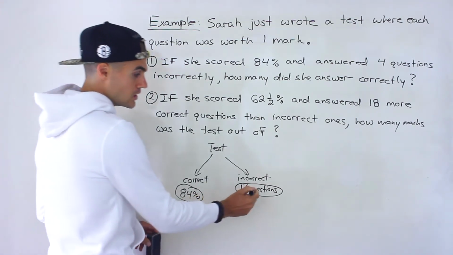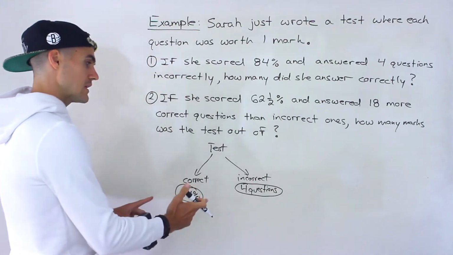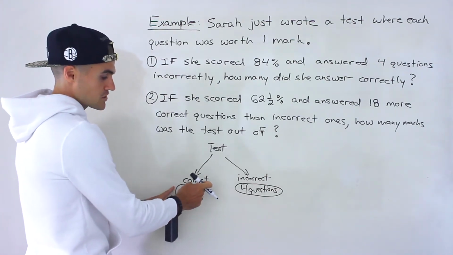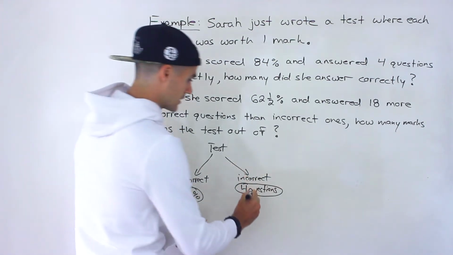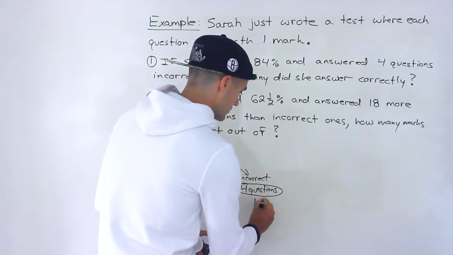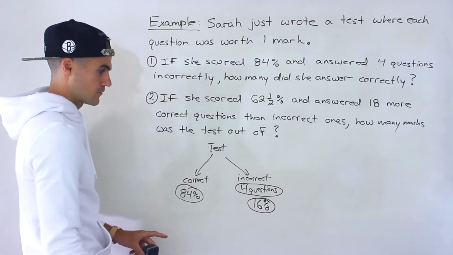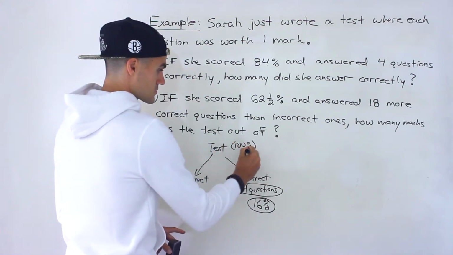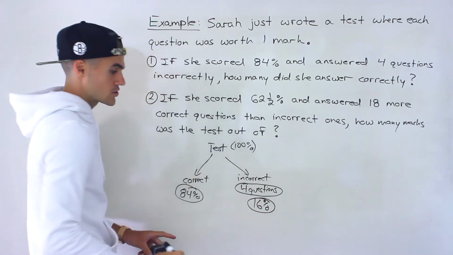We're given the number of questions that were incorrect. Now notice with this, we can fill in some more information here. If she answered 84% correctly, then that means she answered how many incorrectly? 16%. Right? 100 minus 84. The whole test is out of 100%. So it's broken down into 84% correct questions, 16% incorrect questions.